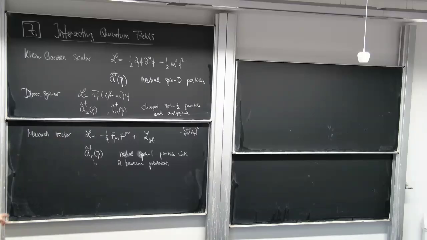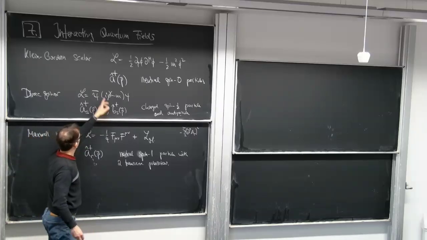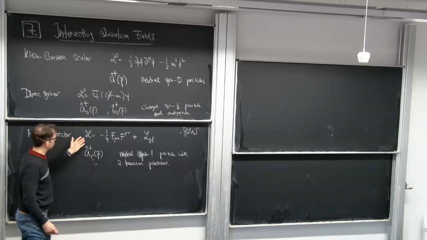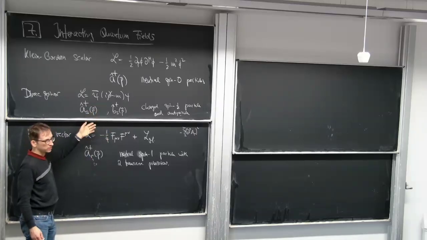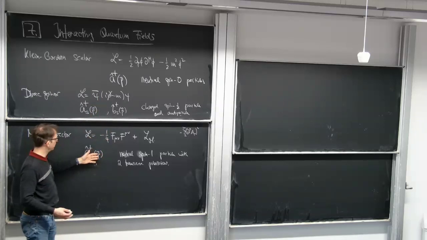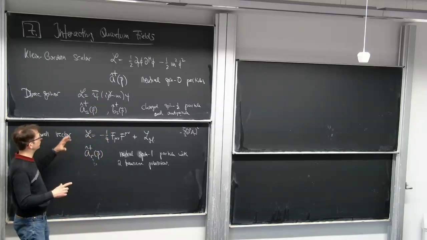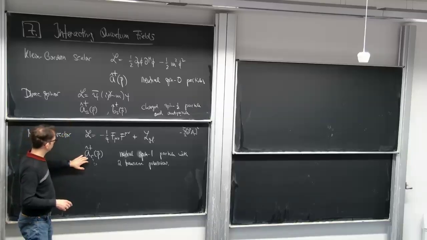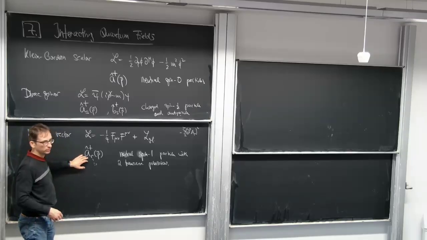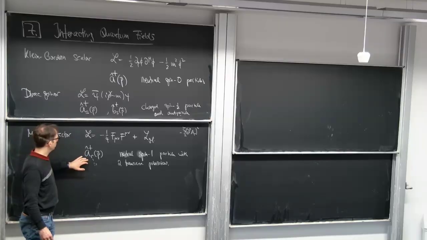Now these A's came out essentially by changing variables from the fundamental fields into another basis, and the commutation relations of the fundamental fields induced the commutation relations for these operators and identified them as creation and annihilation operators.